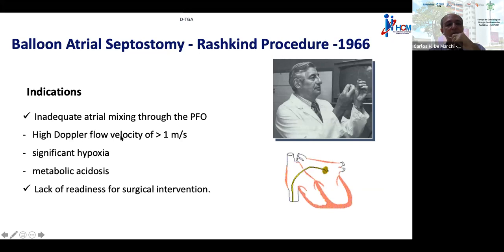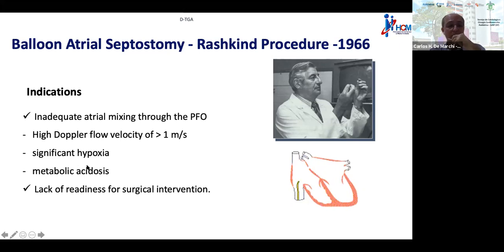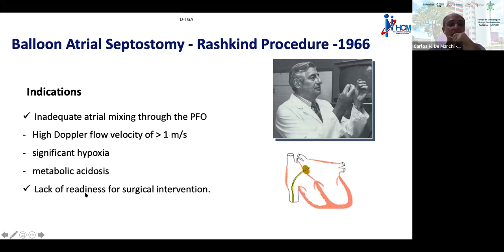High Doppler flow velocity of more than 1 meter per second on the echocardiogram, significant hypoxia, metabolic acidosis, signs of poor mixing at the atrial level, or lack of readiness for surgical intervention. For some reason, if you can't do the arterial switch in the first or second week of life, you can enlarge the atrial septal defect to improve the systemic saturation.